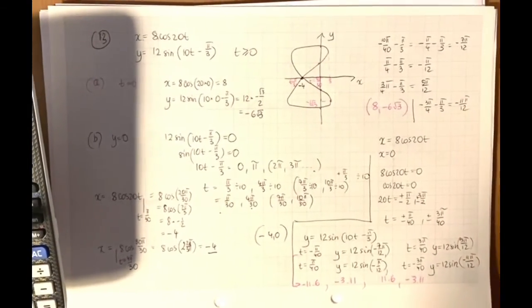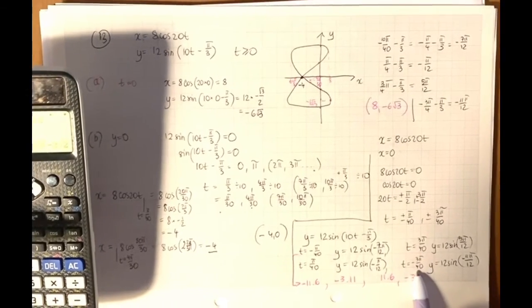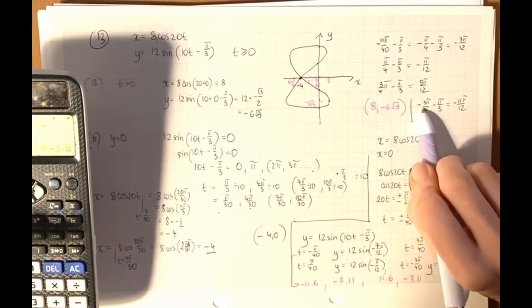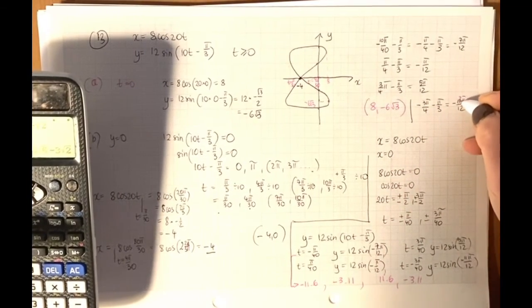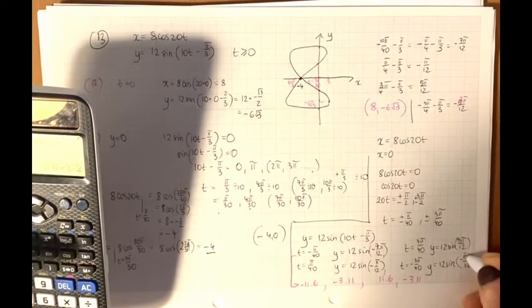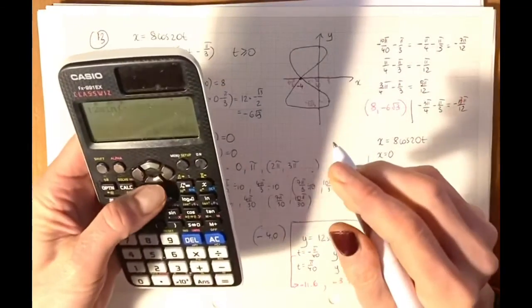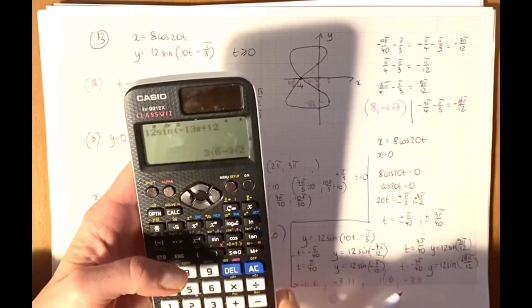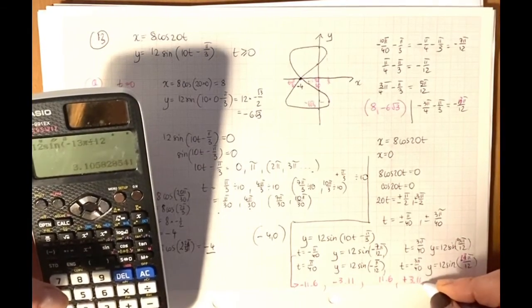So the mistake was here when I've subbed minus 3 pi over 40 into this, you will have minus 9 and minus 4, so minus 13. So this one is minus 13 pi over 12. So when you put 12 sine minus 13 pi over 12, you do get positive 3.11.